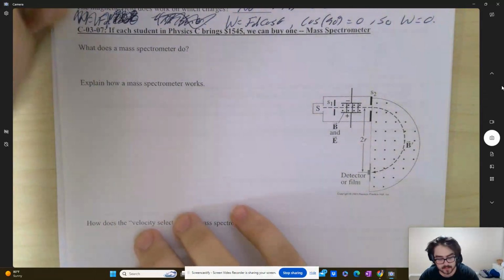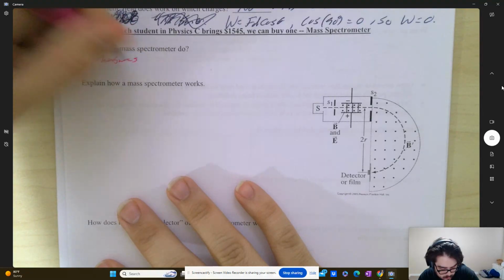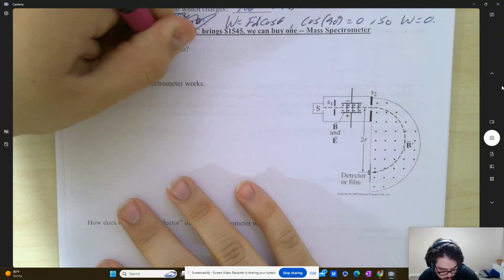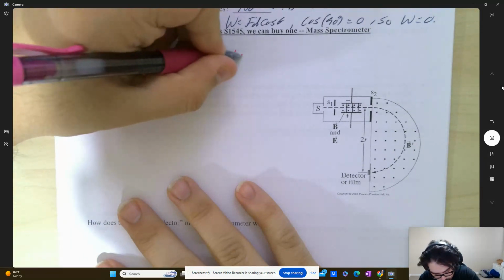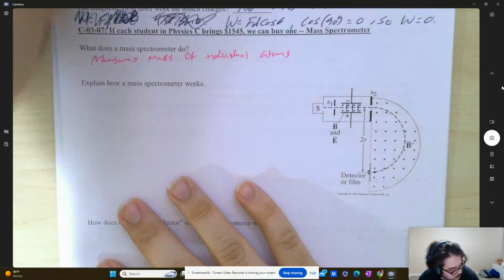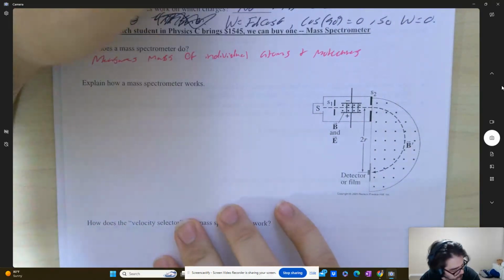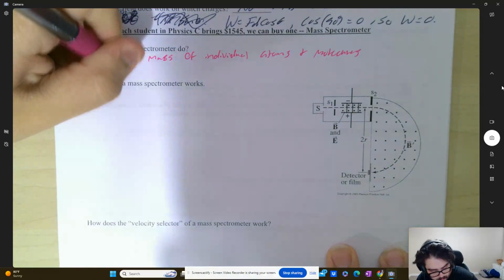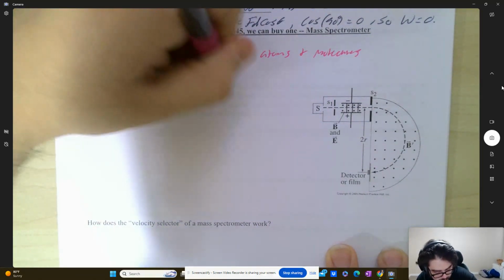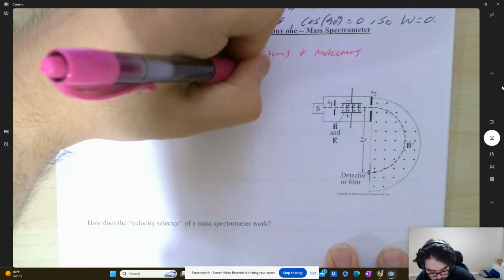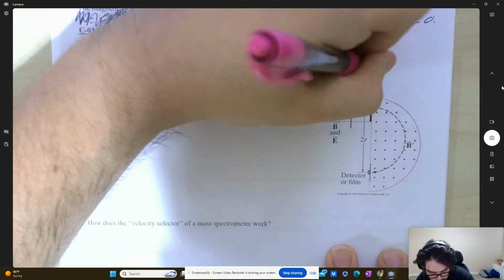Okay, how does a mass spectrometer work? What it does is it measures the mass of individual atoms and molecules, and it counts how many molecules have the same mass.